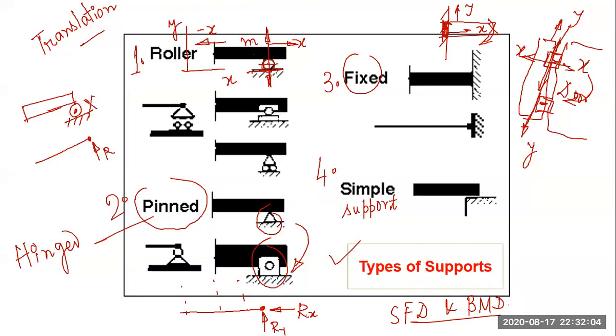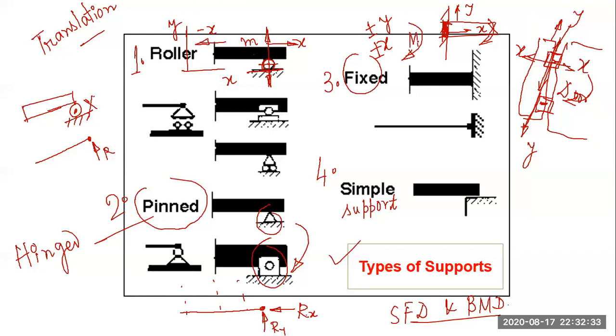So the x direction motion, I am just talking of 2D, not 3D. If it is 3D, then x, y, z, all three direction translational motion will be restricted. But in this case, the x direction translational motion, plus or minus x both, are restricted, as well as plus y and minus y both direction motion is restricted, as well as the rotation about the fixed support is also restricted.